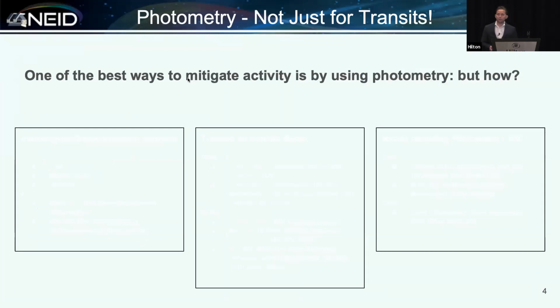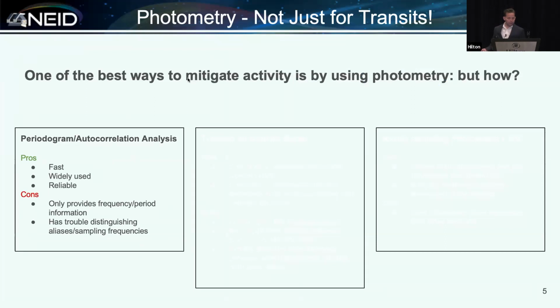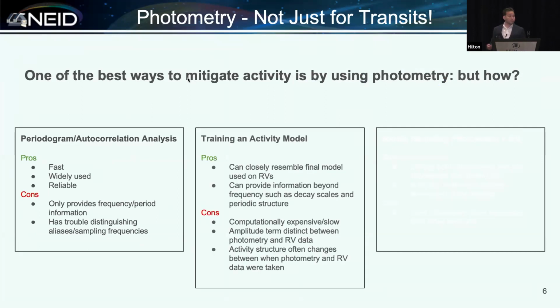Now, one issue is that there's a lot of different ways to use photometry to inform our RV models about stellar variability. I list a few here, but they are not meant to be exhaustive. You could do a frequency analysis, basically periodograms or autocorrelation functions. These can tell you useful information about frequencies, and they are really fast and they're widely used, but they can't tell you even close to everything. A more sophisticated method that a lot of people have done is to train models on photometry and use that to inform RV variability models.